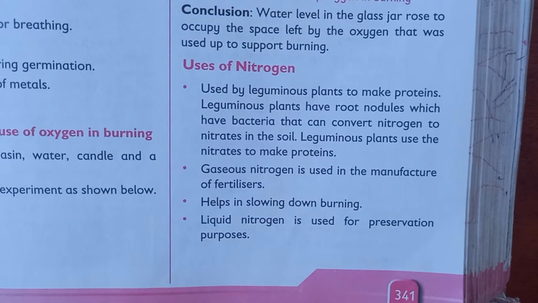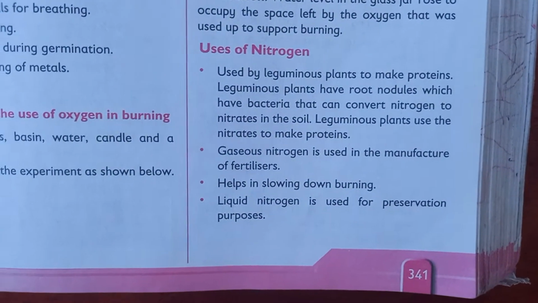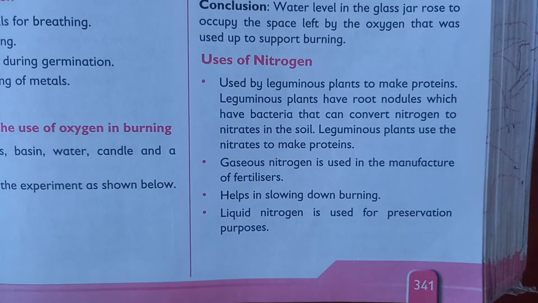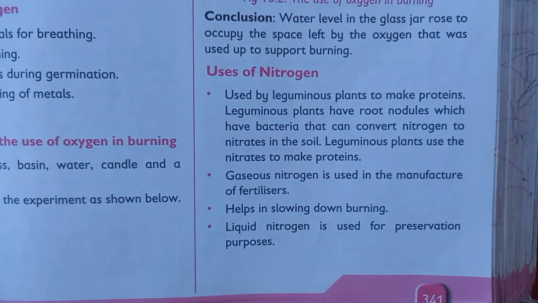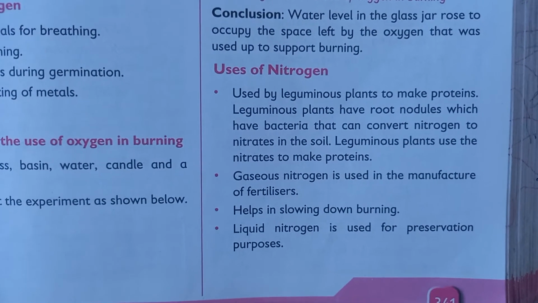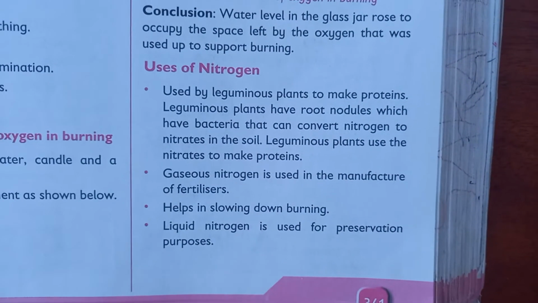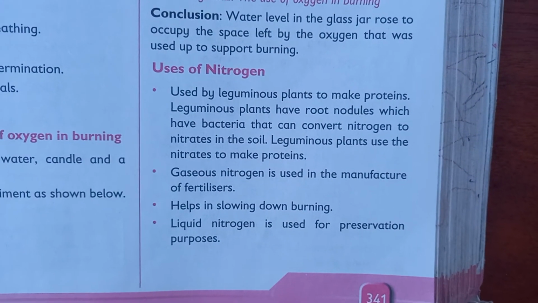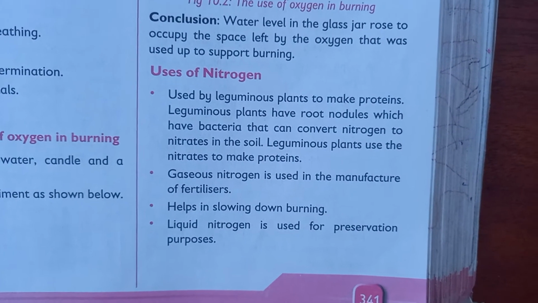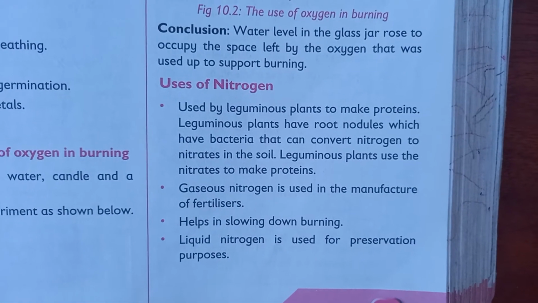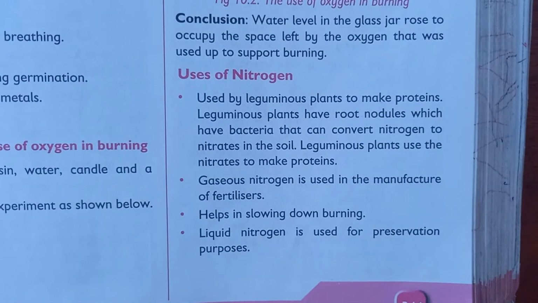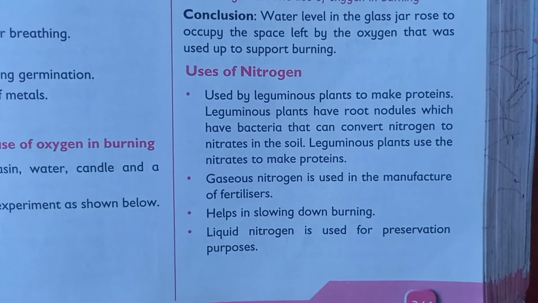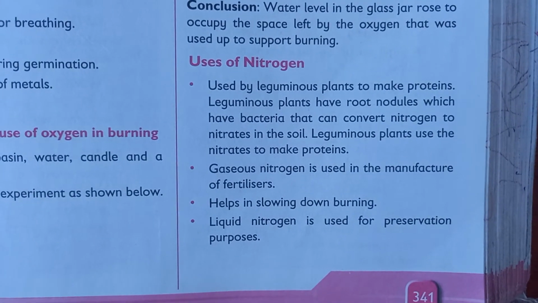Which are these leguminous plants? Examples of leguminous plants are beans, peas, green grams, and groundnuts. Then we normally say that gaseous nitrogen is used to manufacture fertilizers in industries. Nitrogen is used to help in slowing down burning.